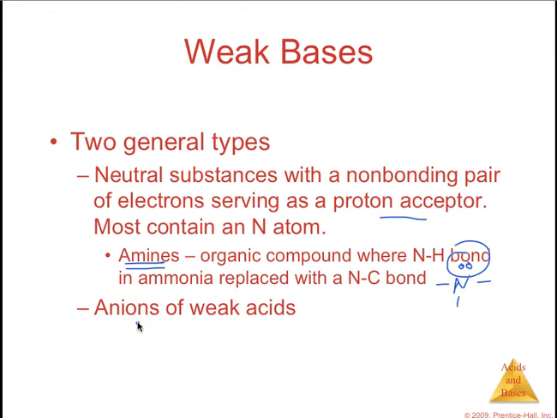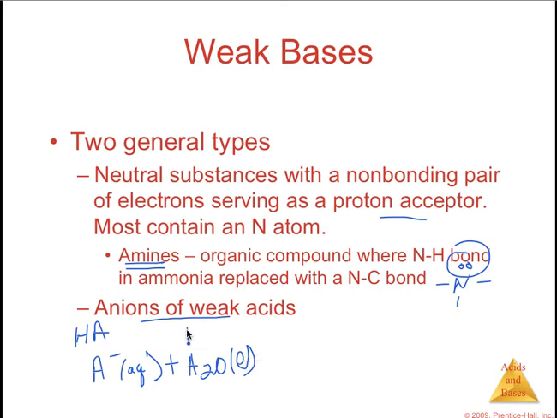And then weak bases are also anions of weak acids. So if I have the acid HA, its anion is A minus. That's in solution. If there is water present, what is that A minus likely to bond with?